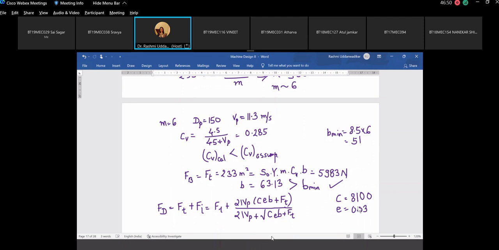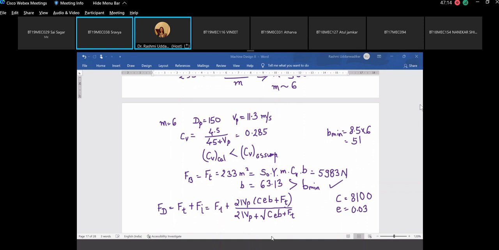What is the value of FT you are getting? Aditya, what is FT you are getting? Ma'am, actually FP and FT we are getting different values because we have changed them.